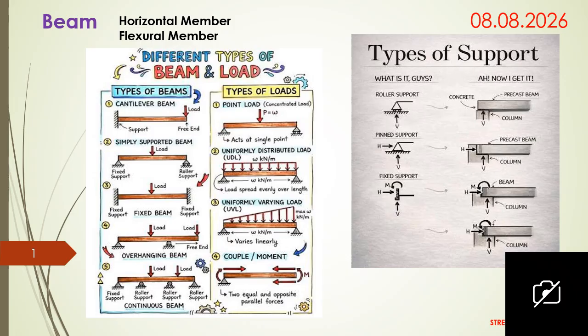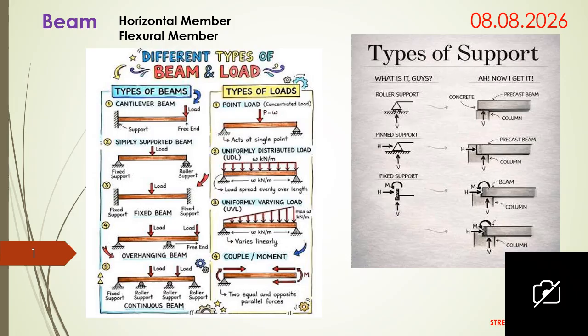That's why beam is always called a flexural member. Usually we calculate the flexural strength of reinforced concrete beams. But generally, beam is a horizontal member.